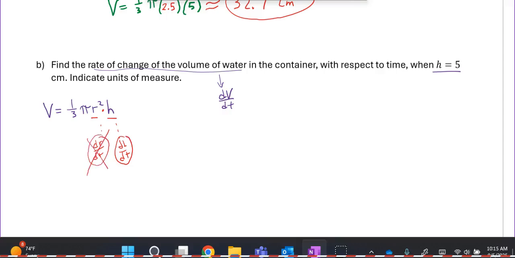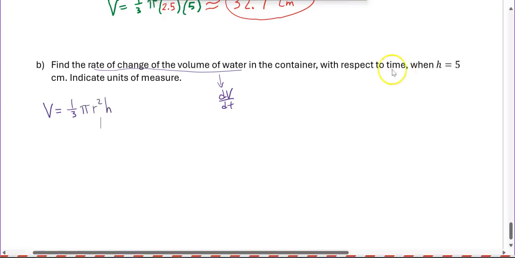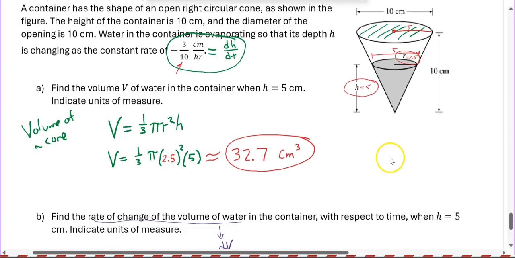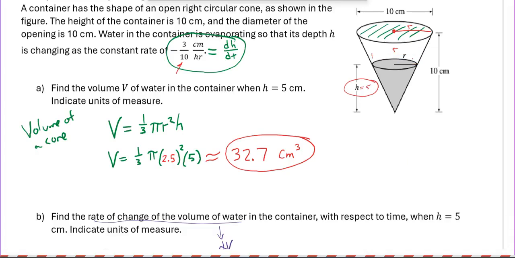So let's make our life easier and avoid this error at the same time. We're going to look for a relationship between r and h, and then I can make this a function of just one variable rather than two, and I will no longer have to use the product rule. Let's go look at the picture. What we have is this relationship that whatever the height is, it's always matching the diameter, and then the radius is half of that.